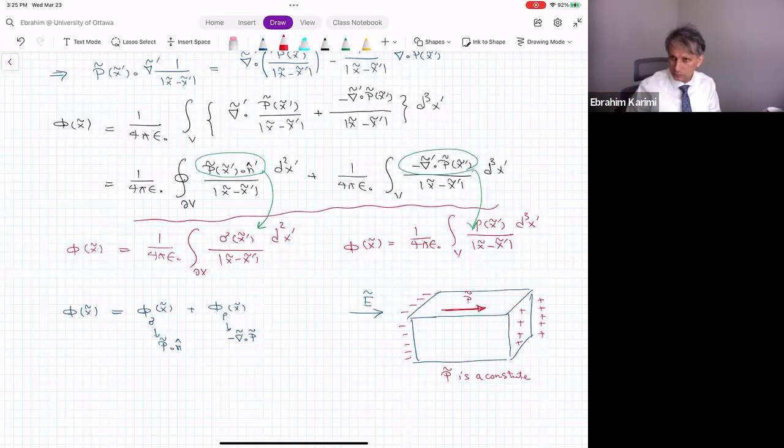Right? I'm not talking about outside because there is a jump. So what is going on with the divergence of P? It is 0.